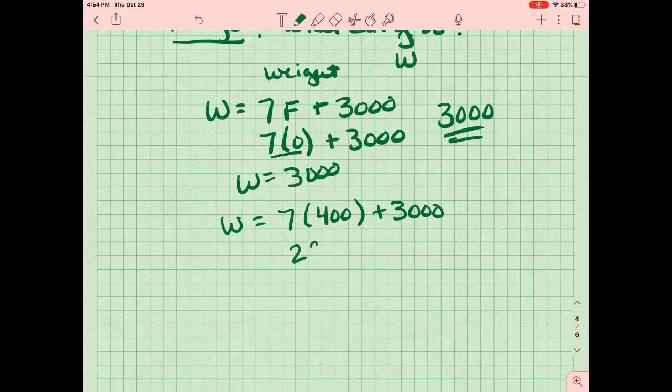So I have 2,800 plus 3,000, which is 5,800. That would be the most my plane could actually weigh. That's actually not true because we could have some cargo, but good enough for this problem. We're going to say 3,000 to 5,800. Let's see if they have that choice, and they do. So I'm going to mark that. All right.